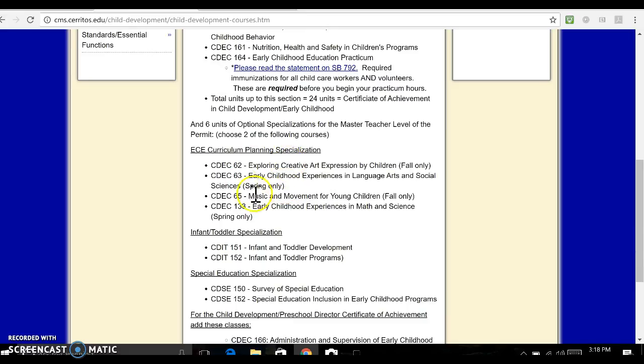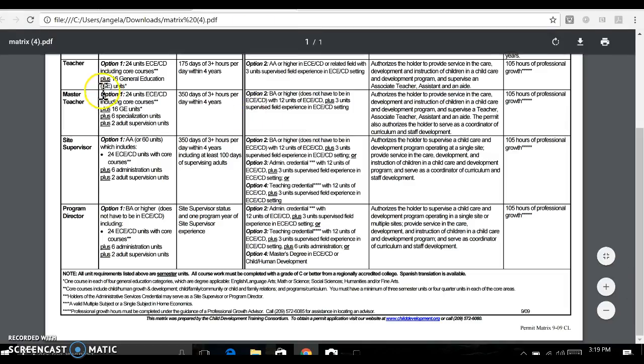So you could specialize in curriculum planning by taking 2 out of the 4 curriculum classes. You could take both infant toddler classes or both special education classes, and that will meet the requirement for the 6 specialization units.